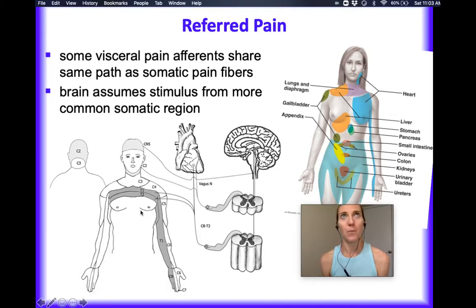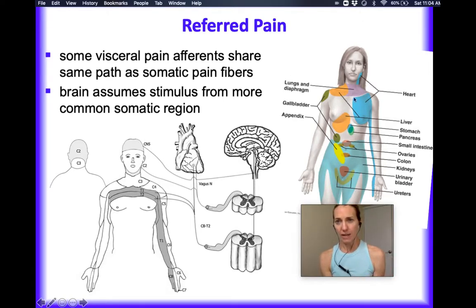To elaborate on that a little bit more, what's really happening is because input is coming from both the visceral as well as the somatic, the brain really assumes that the stimulus is coming from the much more commonly stimulated somatic pathways. Other examples of this, gallbladder pain, also diaphragm pain is oftentimes felt along the shoulder.